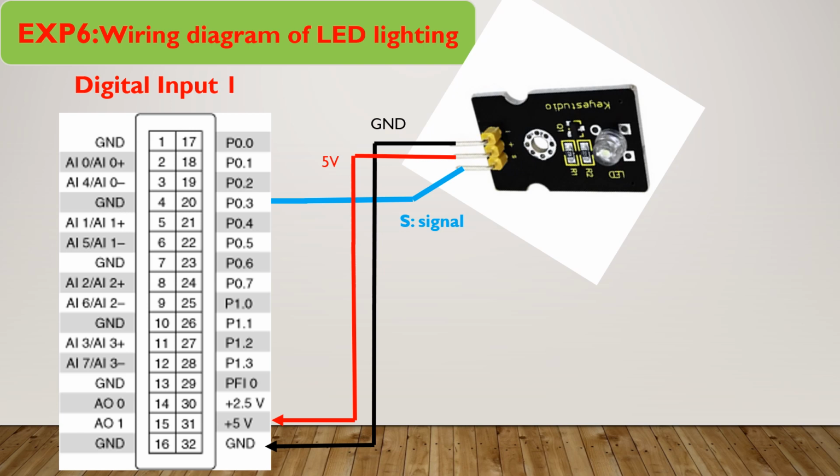The signal is a command signal sent from data acquisition to the LED module, and if the command is 1, the LED will be turned on, and if the digital output is 0, the LED will be turned off. So we have a connection between P0.3 and the signal of the LED module.